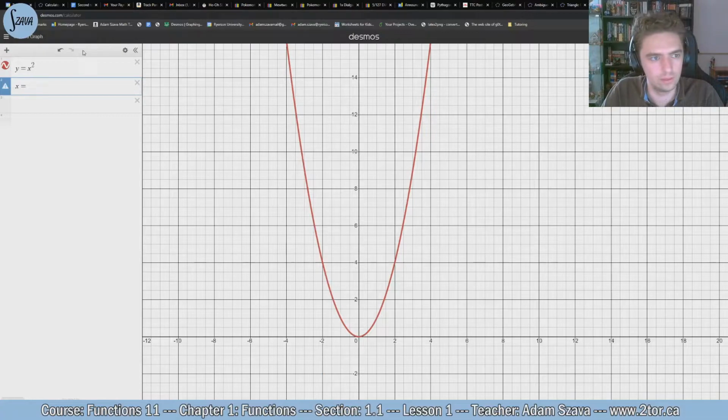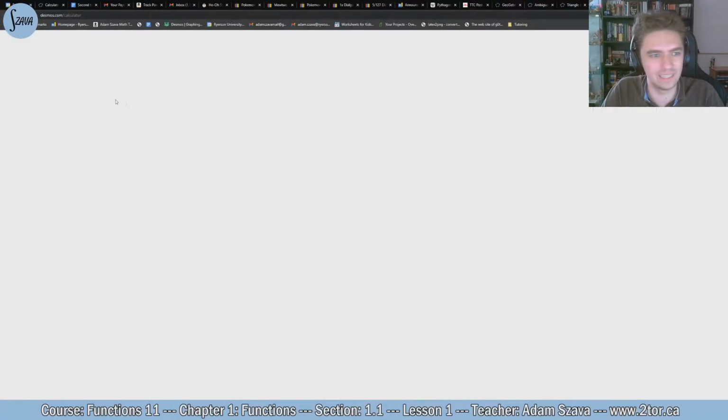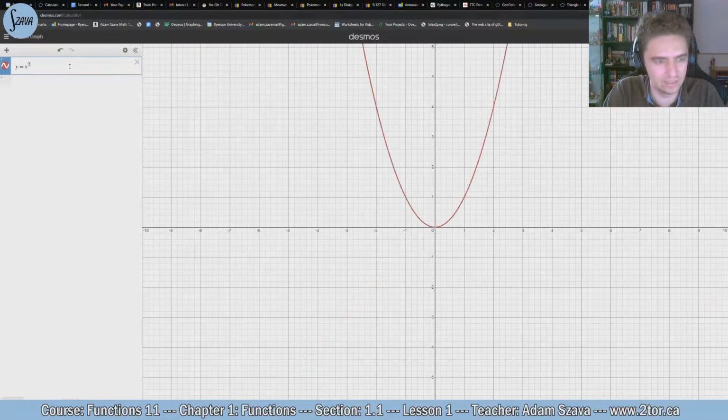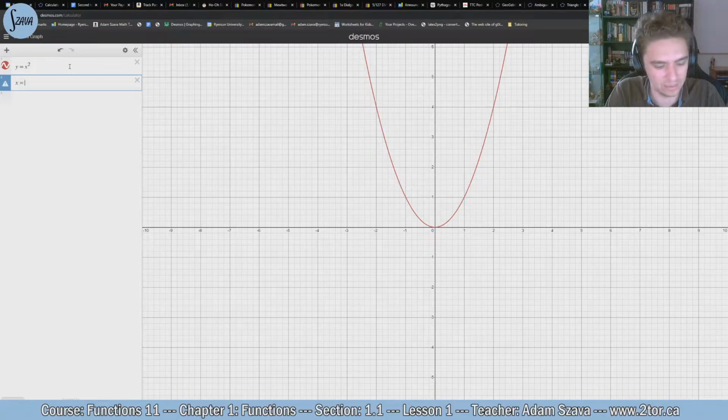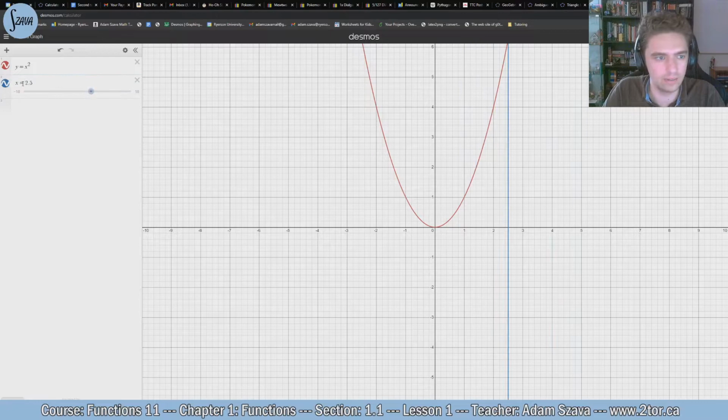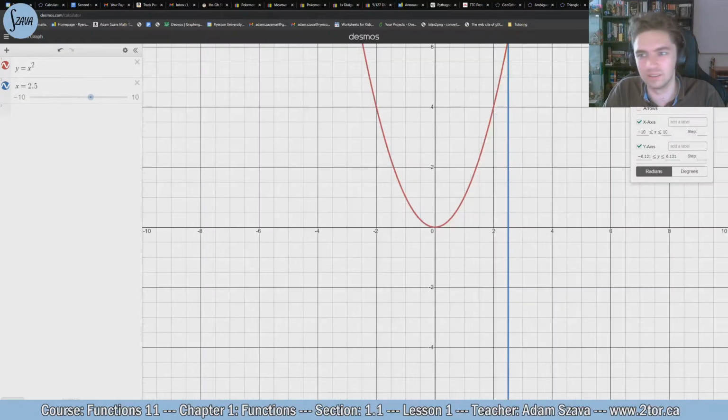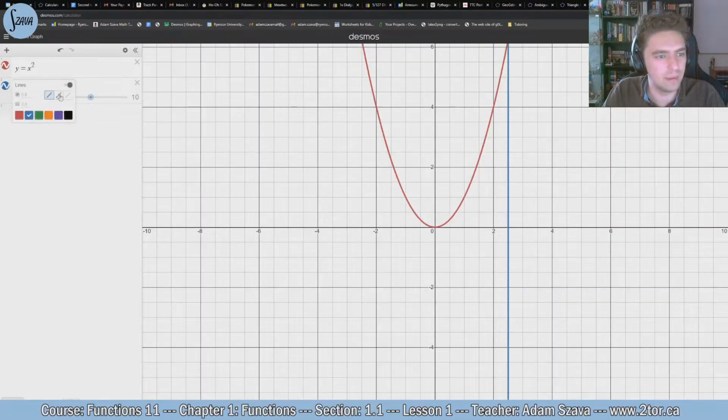I'll refresh the page. Let's see, y equals x squared, x equals a. It seems to already think a is a number. That's strange. x equals 5. Okay, there we go. I don't know what was happening there. Desmos messed up on me a little bit. But let me just do that.